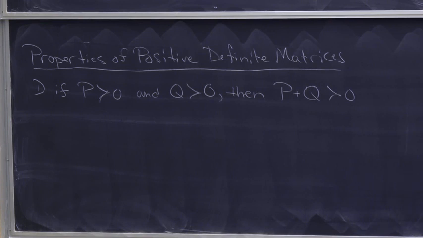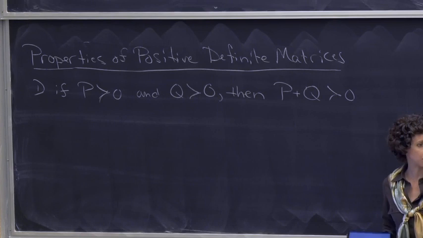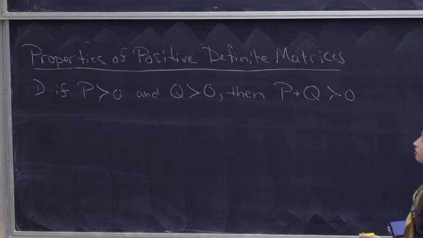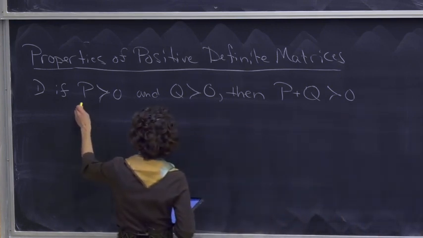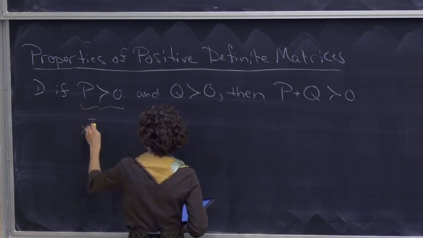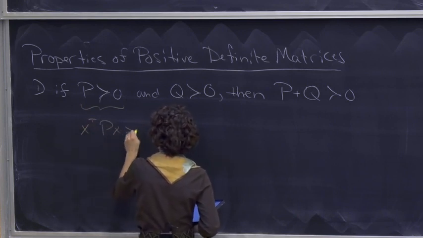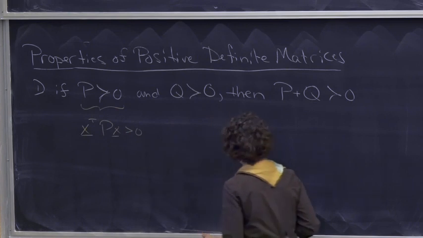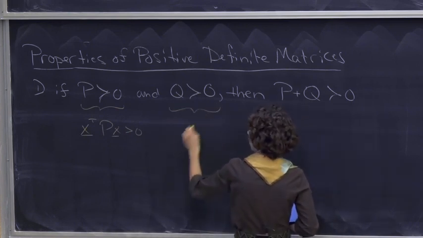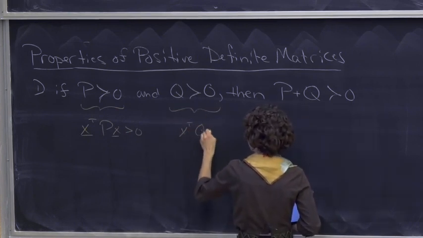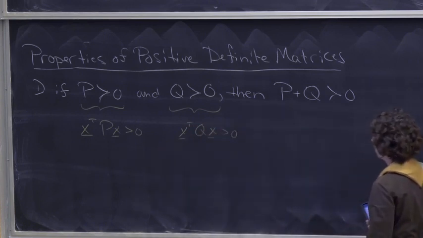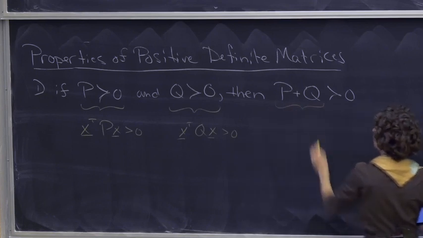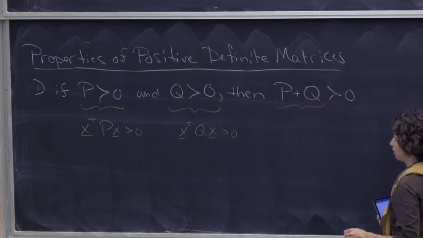And I want to just sort of prove that to you, because I think it helps us connect our understanding of what's going on with these positive definite matrices with the definition. So if P is positive definite, then it means x transpose Px is greater than 0 for all x not equal to 0. And likewise, x transpose Qx is greater than 0 for all non-zero x. And so the question then is P plus Q positive definite or not?